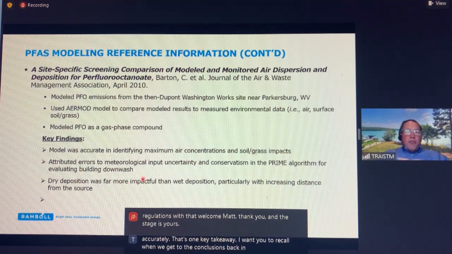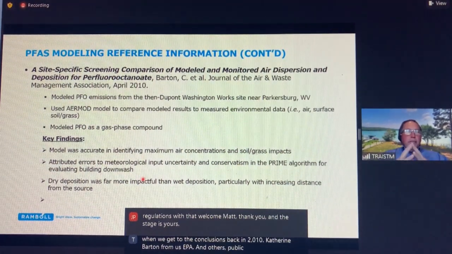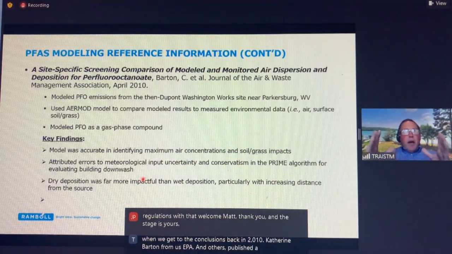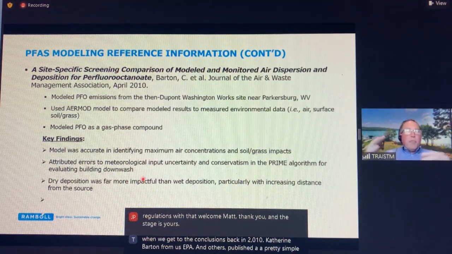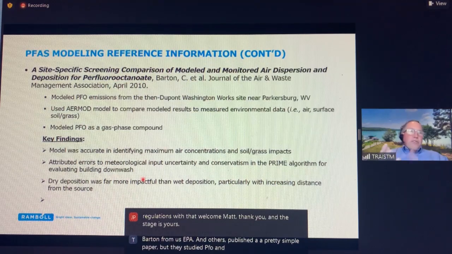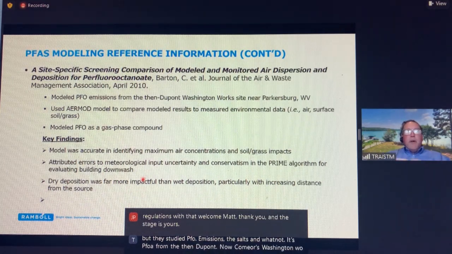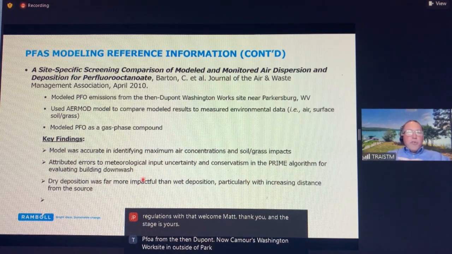Back in 2010, Catherine Barton from USEPA and others published a pretty simple paper, but they studied PFO emissions, the salts and whatnot of PFOA, from the then DuPont, now Chemours, Washington Works site outside of Parkersburg, West Virginia.